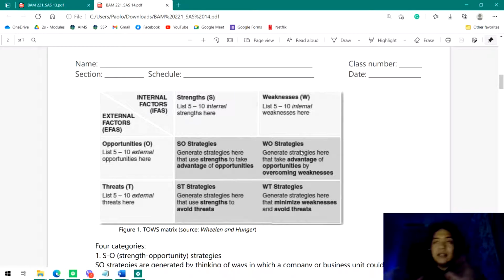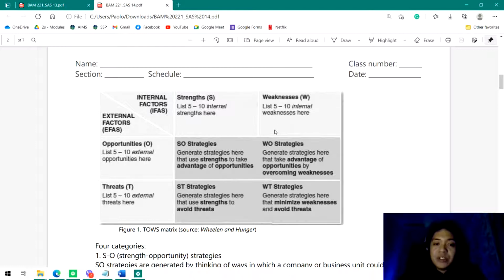And then parang nakikita nyo naman din siguro kung paano mag-mix and match, 'di ba? Kumbaga, the strengths and opportunities, pag nag-meet sila, it is the SO strategy. It means to say that we generate strategies here that use the strengths to take advantage of opportunities. Weaknesses and opportunities naman, we will come up with WO strategies.